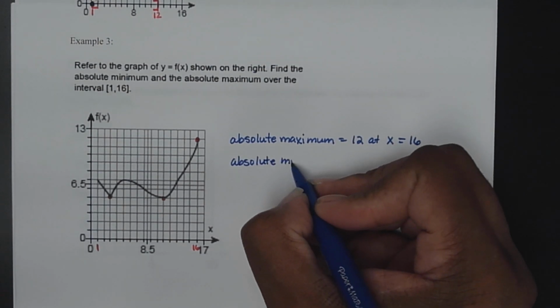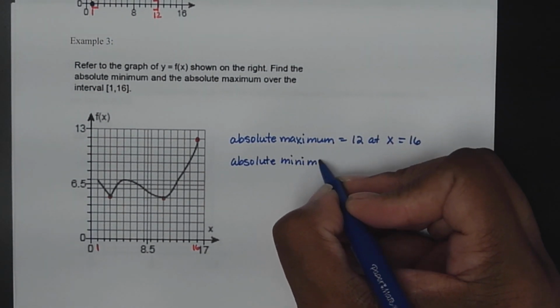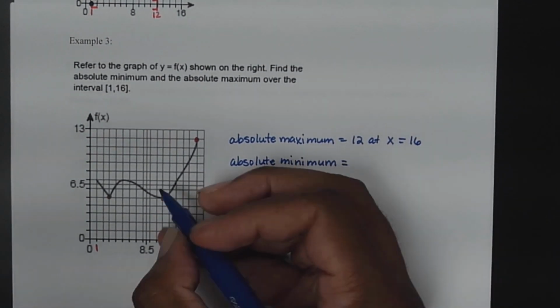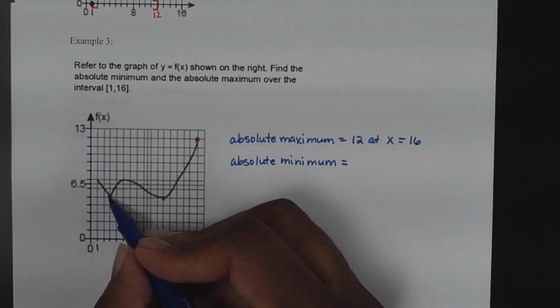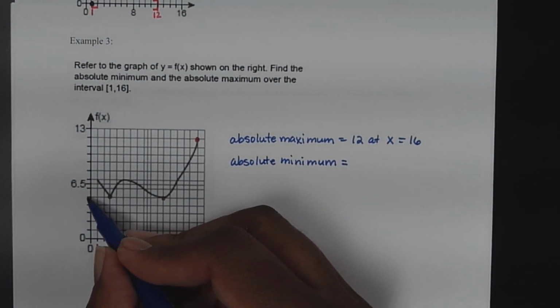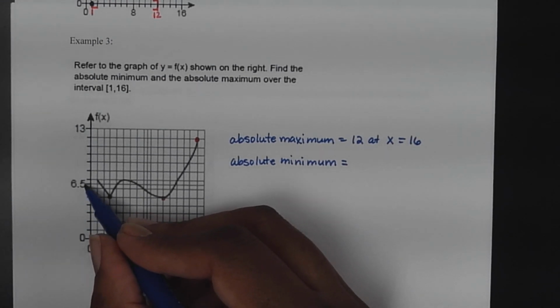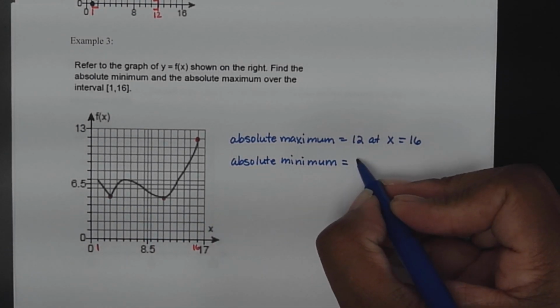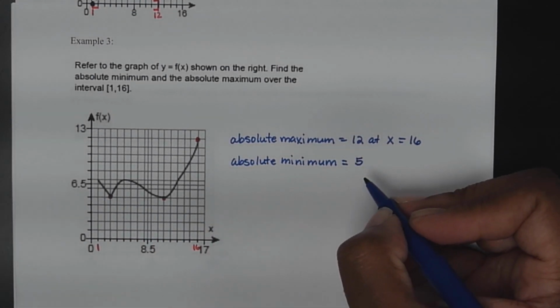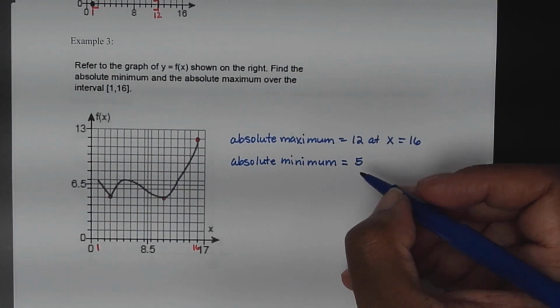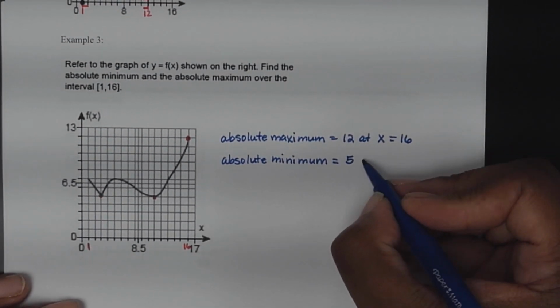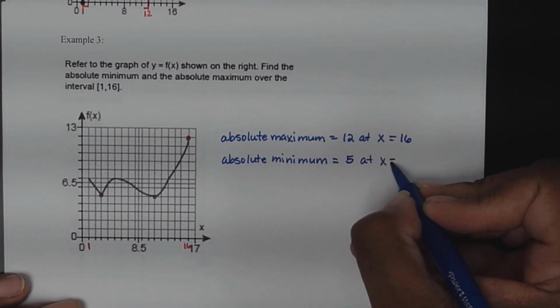Absolute minimum, and here that y value there will be at 5, because this is 6, in between 6 and 7 is 6.5. So this is going to be the absolute minimum, which will be the y value of 5. It occurs at 2 different x values, as I mentioned.